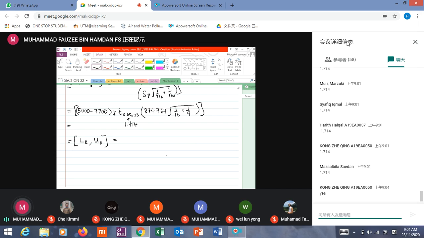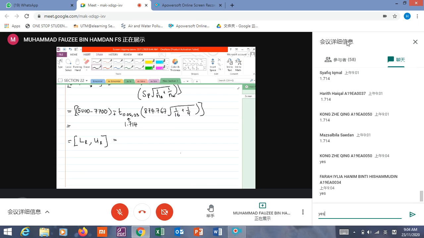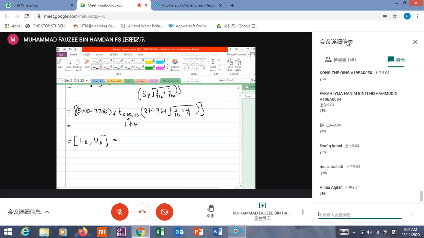Get the same answer with the one given in your books. Yes, Kong get the same answer. Farah get the same answer. What about the rest? Wiminko get the same. Aina, Muaz, Shafiq get the same answer. So hopefully all of you get the same answer.